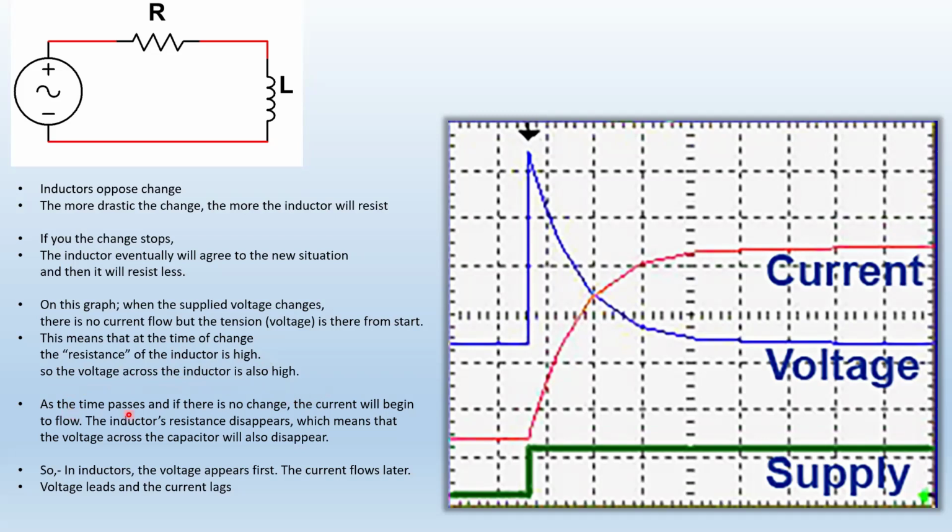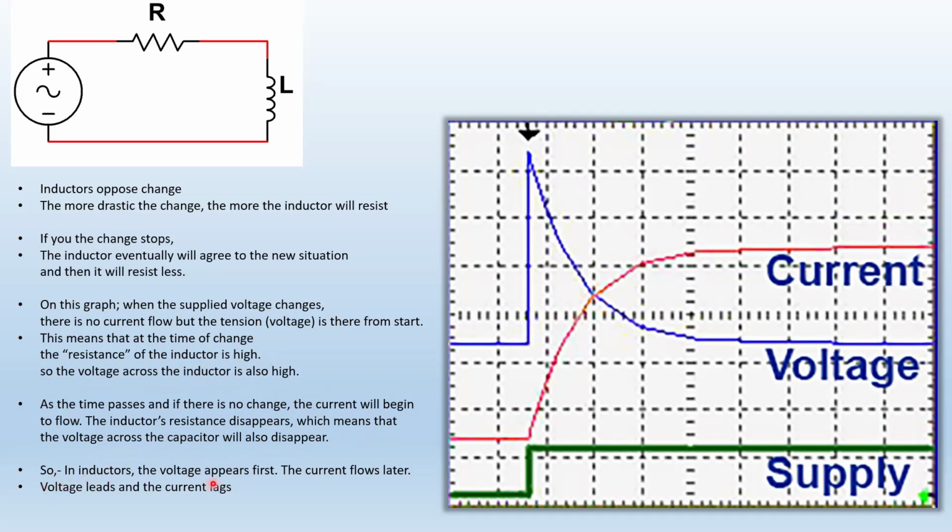As time passes, and if there is no change, the current will begin to flow, the inductor's resistance disappears, which means that the voltage across the inductor will also disappear. There's a mistake here, okay? This should be inductor.